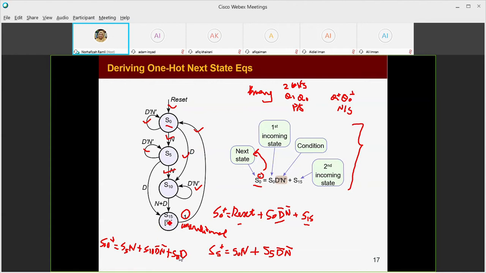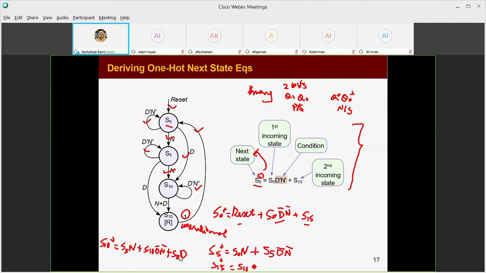And finally, you want to do the S15. Where is my space here? I am a bit messy here. So S15, let's try to put it here. S15 plus is equal to what? You have one here from S5, or you can take here from S10. S10 and what?